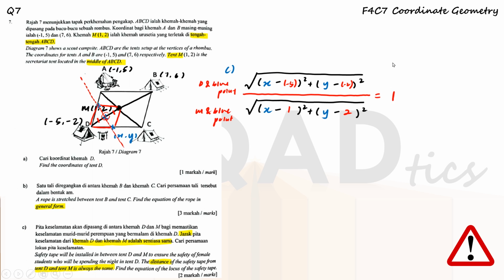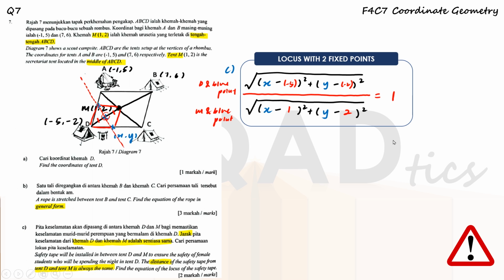Okay, so this is how I will form my equation of locus. This is technically a formula if we want to find the locus with 2 fixed points. Our 2 fixed points would be D and M. For any question which has 2 fixed points, we can use this formula.